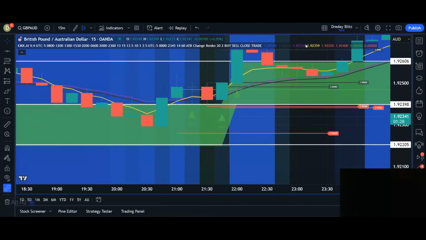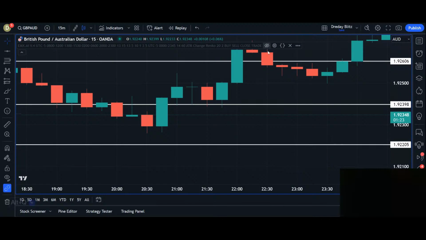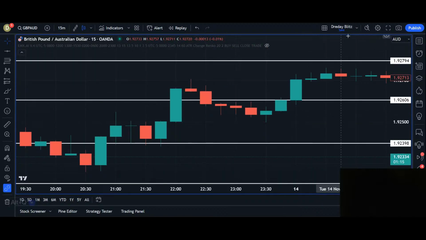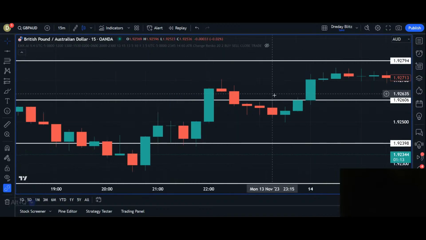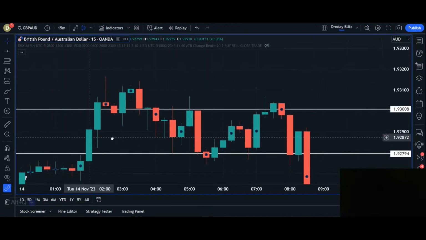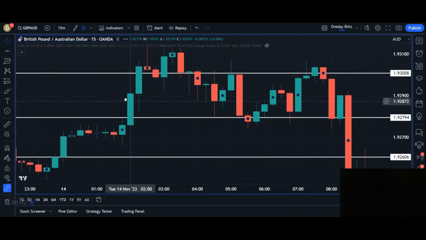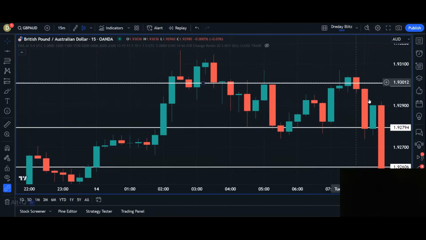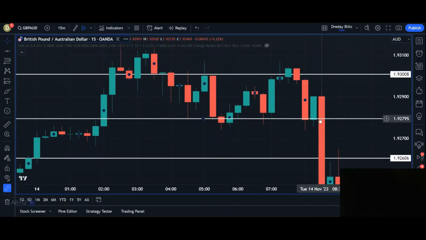Okay, so let me close it out. As you can see, this is the price. This is a stop loss price. This is your entry. And it went here, then it consolidated, and then broke.